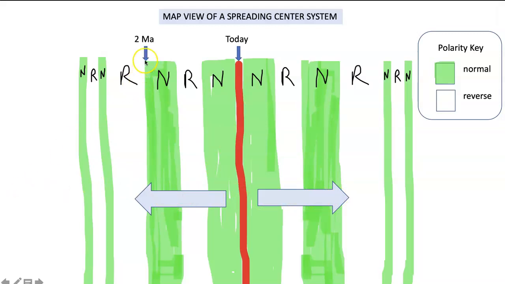Now let's say that I know that this reversal right here recorded in the seafloor occurred 2 million years ago. Well, remember that the isochrons are symmetrical about the ridge axis, so there must also be a 2 million year isochron mark over here. Now, if I measure the distance between those 2 points, that's how far this seafloor has spread in 2 million years.